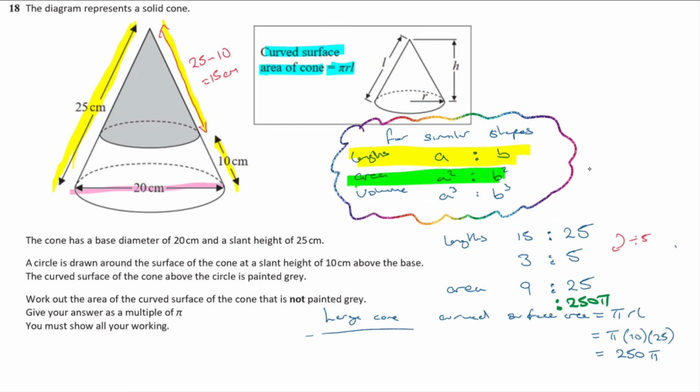So if you think about it from here to here, 25 times what is 250 pi? That's 10 pi bigger. So if I multiply this up by a factor of 10 pi, that means the area of the smaller cone is going to be 90 pi. Okay, so the area of the small cone is 90 pi. The area of the big cone is 250 pi.